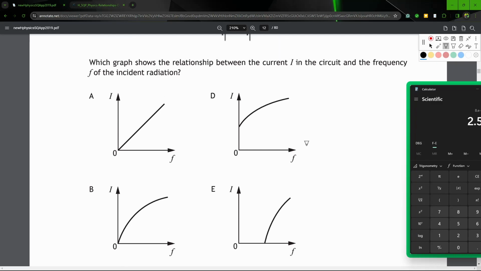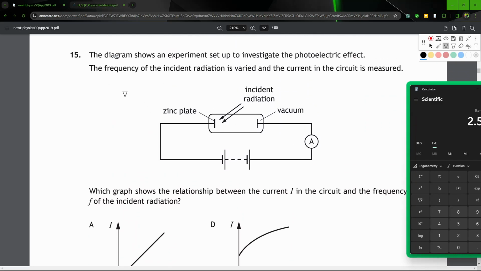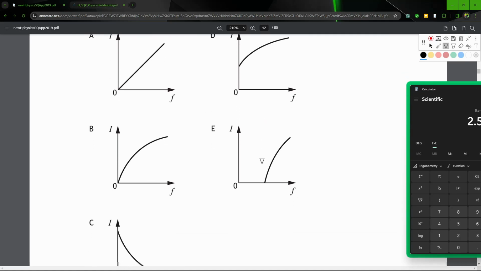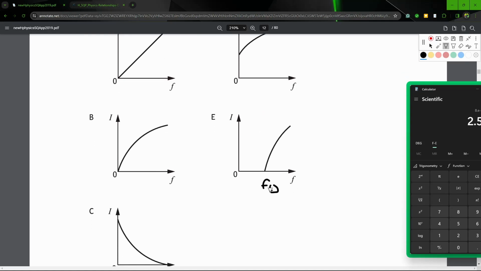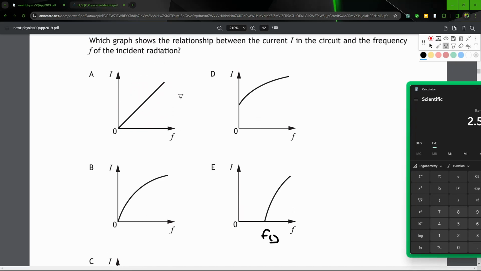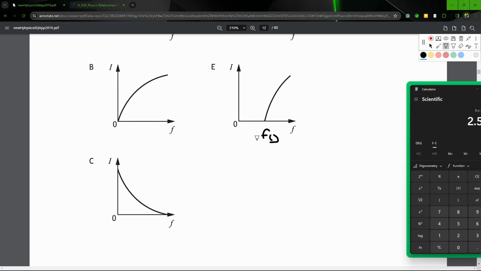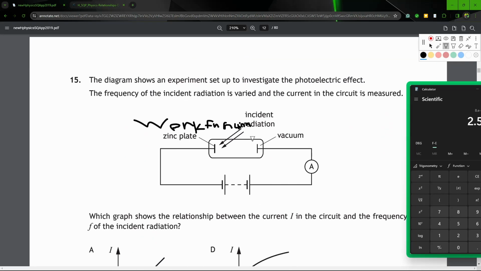Why is that? Well, with the photoelectric effect, every metal has a work function. It's the minimum energy to eject electrons, which is the photoelectric effect, right? So we're looking for something that has a turn-on point. If you don't have the minimum frequency, which is regarded as f naught, then it won't activate. But A, D, B, C all work for all frequencies for whatever reason.